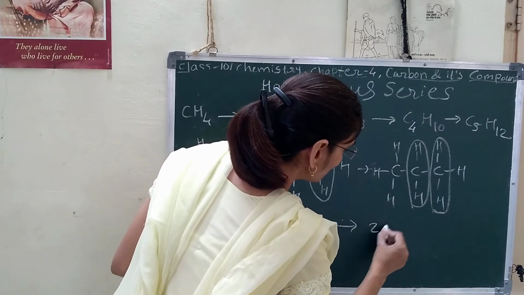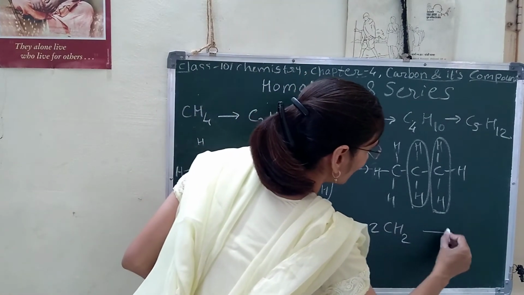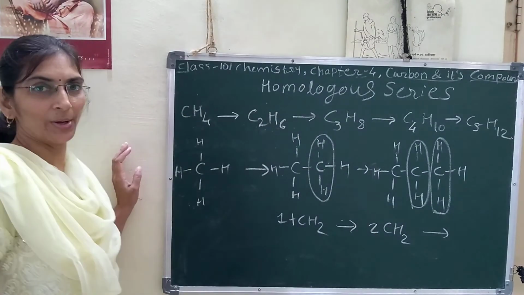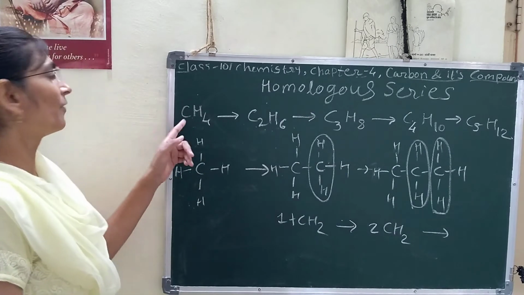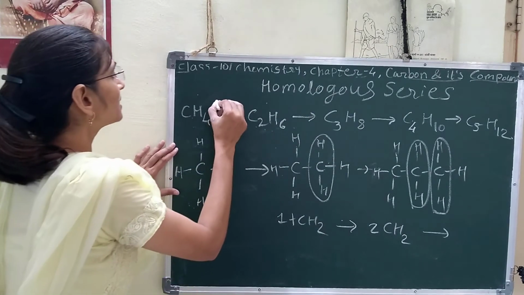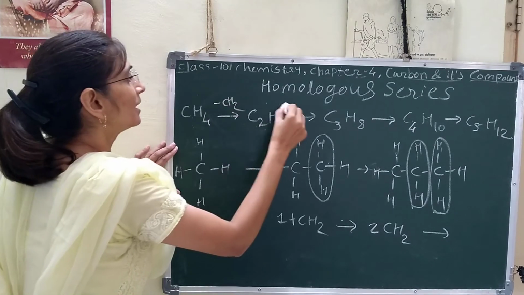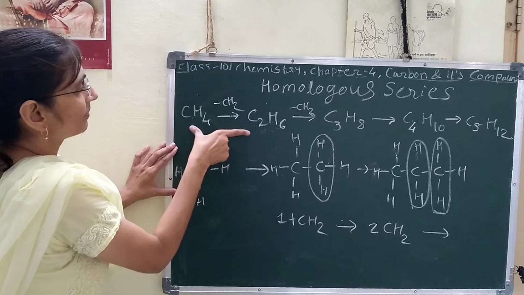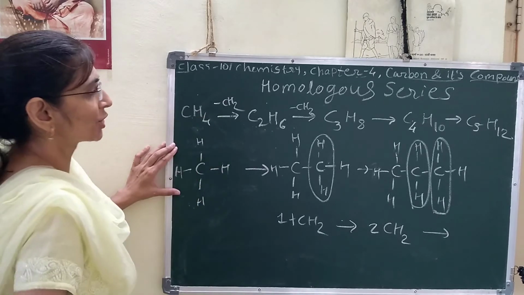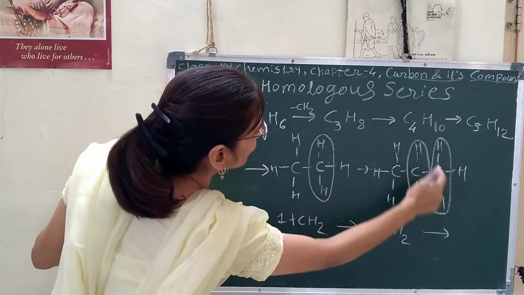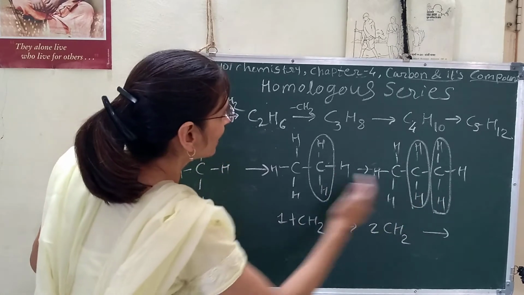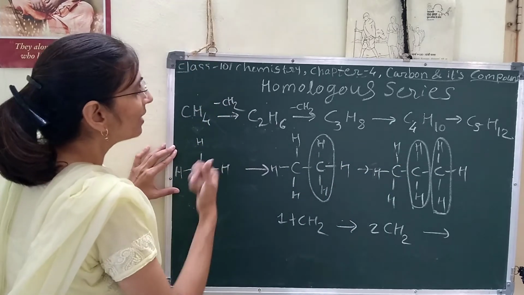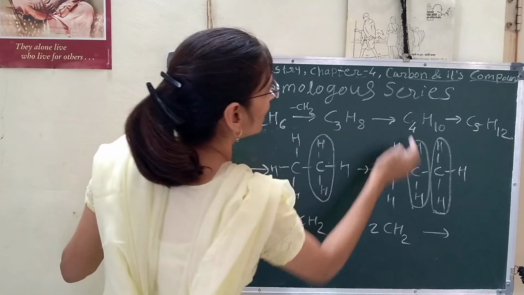Here 2 CH2 we have added, and again 3 CH2 here, and here 4 CH2 we have added to the first compound. So it differs by CH2. The consecutive members differ by CH2 only. Here 2 CH2 are added, and here it means it differs by only one CH2.